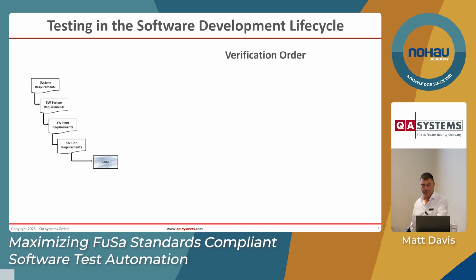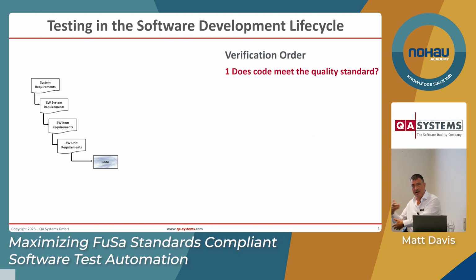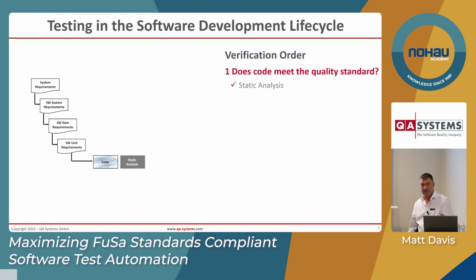Verification order is on the right-hand side of the V. The first thing you might do, and the reason I'm putting it up there is for sequence and order, is: does your software meet a quality standard? Now, you can define that quality standard in lots of ways. The tooling involved in that is static analysis. That is what Joachim will talk about later.